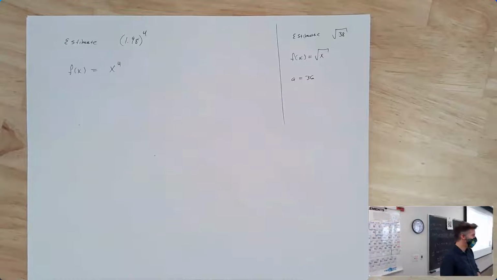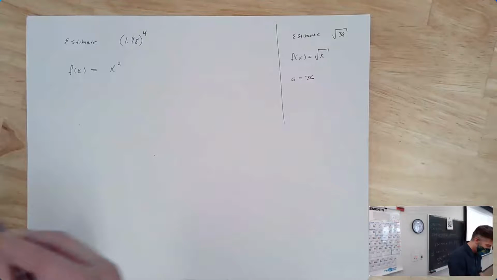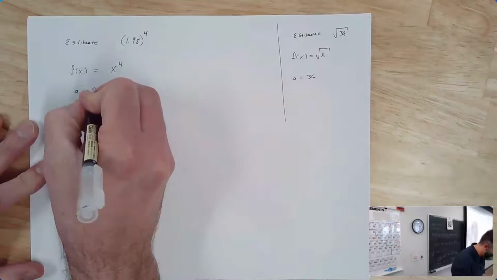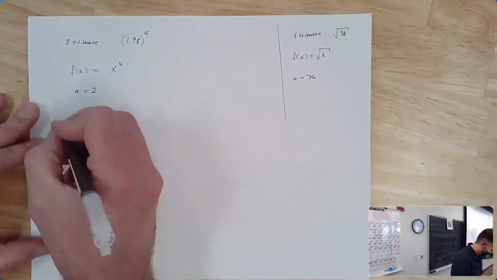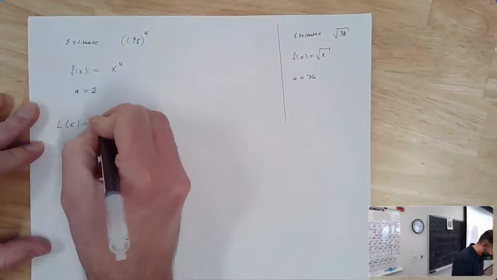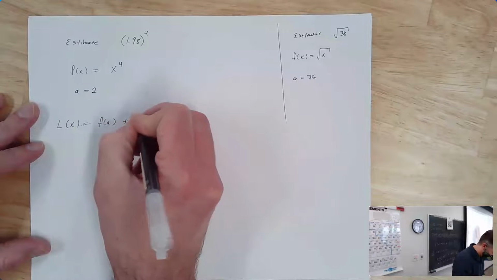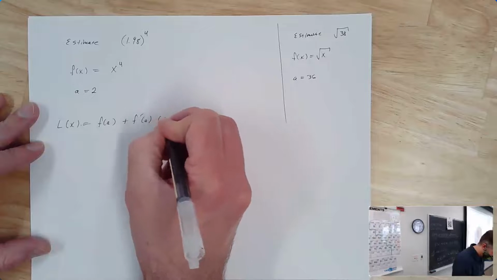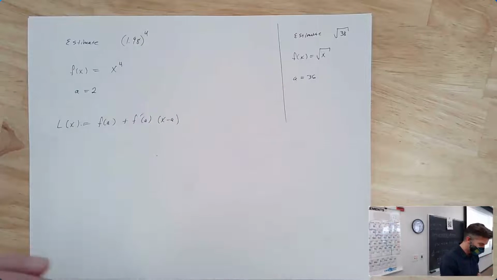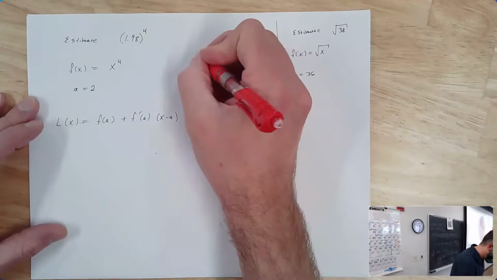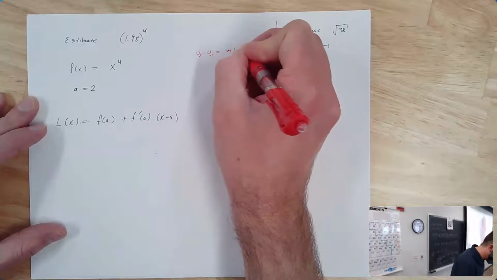And what's the prime candidate for my A value here? Right, it's yelling at us that 2 is the answer, or not the answer, but the point we should be looking at. So we're going to use A equal to 2. I like to write down the formula for the linearization. I know it's L of x equals f of A plus f prime of A times x minus A. But if you don't want to or can't remember that, you can always start with, oh yeah, I know y minus y1 equals the slope times x minus x1.